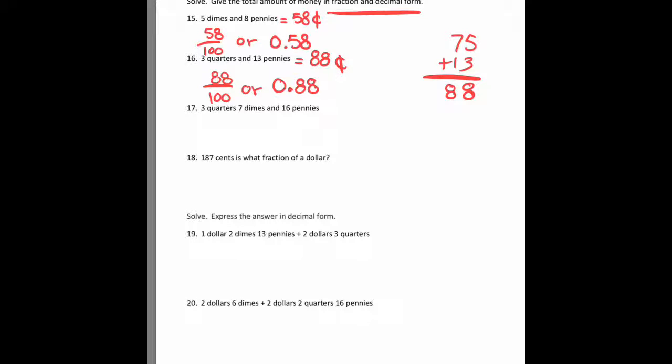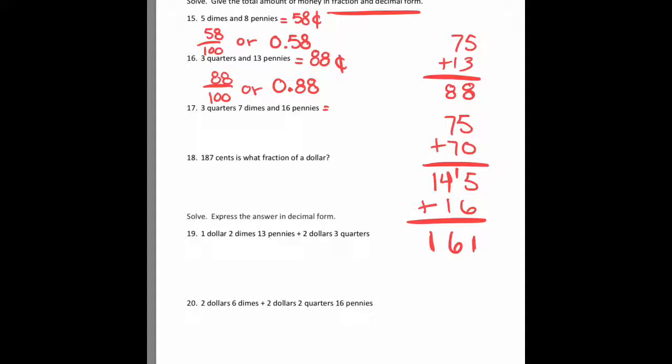Okay, number 17, we have 3 quarters, 7 dimes, and 16 pennies. So I'm going to have to add this up. 3 quarters is 75 cents. 7 dimes would be 70 cents. So I'm going to add that together first to get 145 cents. Plus the 16 pennies will give me 161 cents.